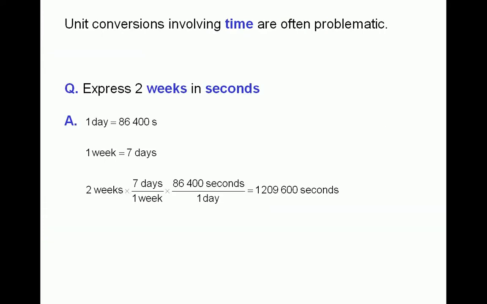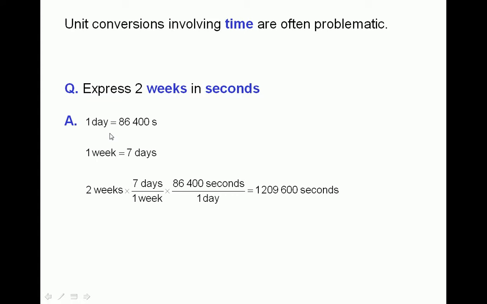So one of the situations where people often get hooked up is in doing unit conversions regarding time. And the reason is because time's not a decimal based system. It's a little bit like our English units that are not a decimal based system. So for example, converting weeks into seconds you'll need to use more than one conversion factor normally.